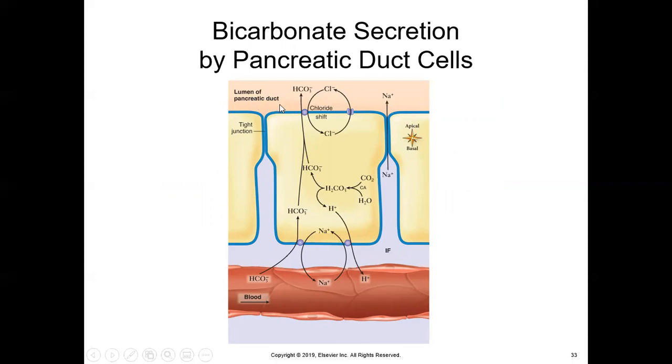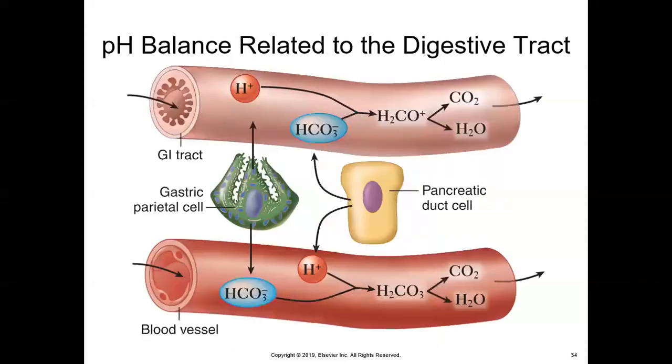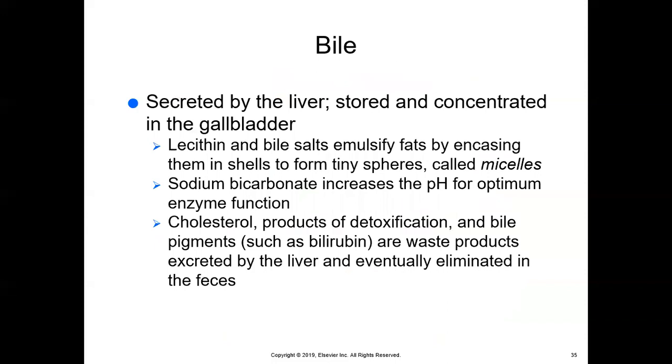Bicarb is basic, and so the pancreatic ducts deposit basic substances into the lumen of the duodenum to offset the acidic nature of the chyme. Okay, this is kind of a description of the pH balance related to the digestive tract.